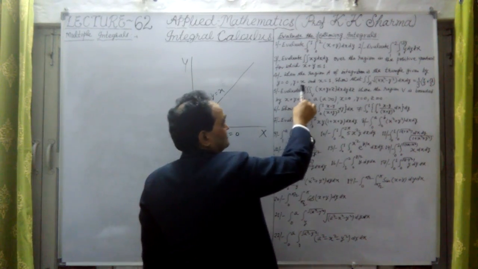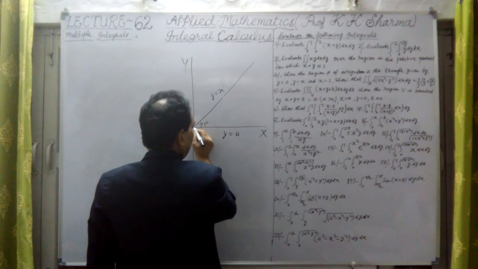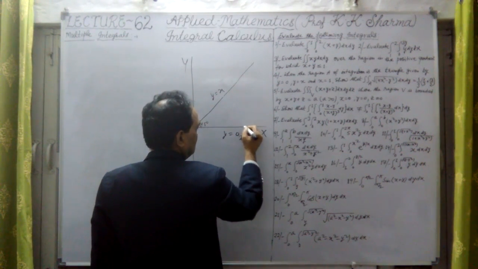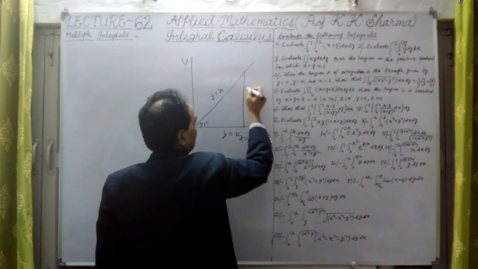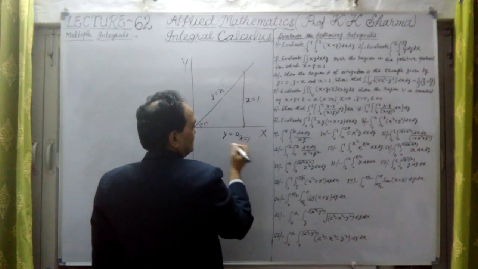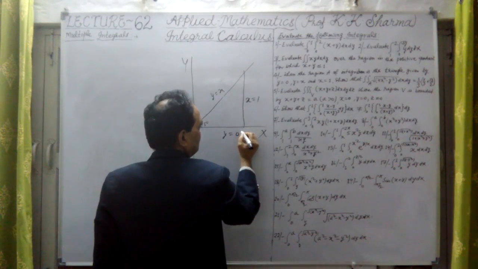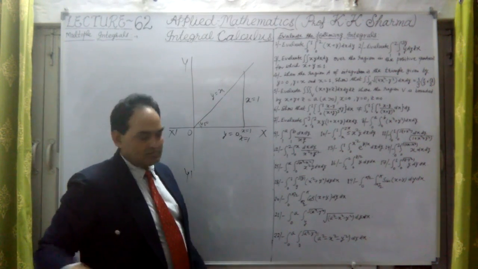Then x equal to 1. Let me take x equal to 1 at this point. This is the straight line passing through the point where x equal to 1.